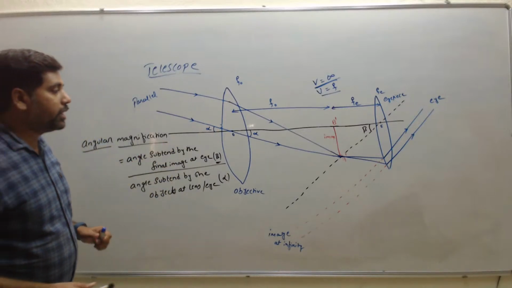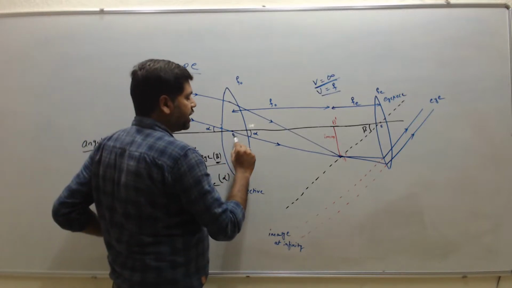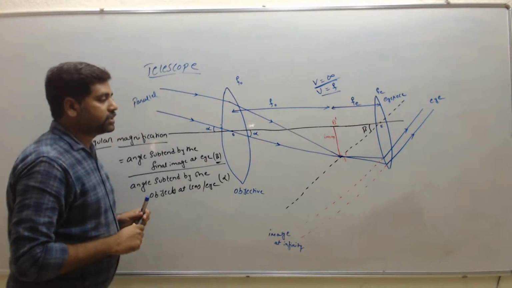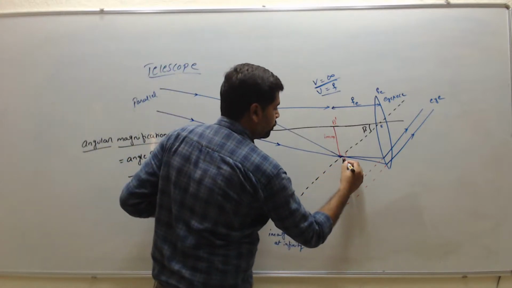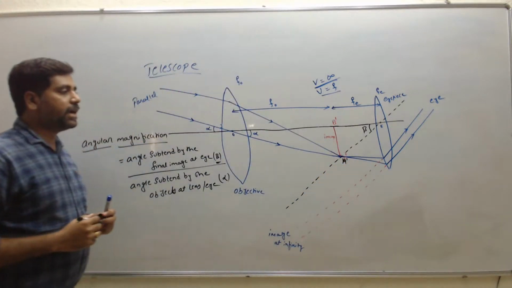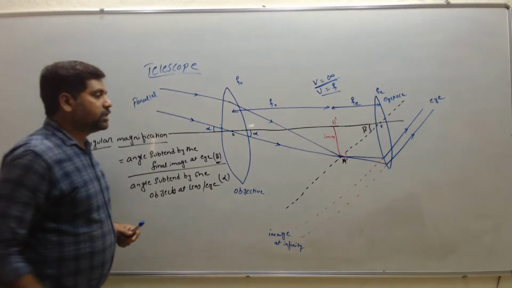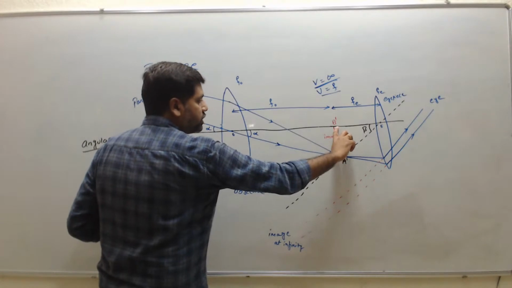From the geometry, we take the triangle O B dash A dash. Then tan alpha is equal to the opposite side by the adjacent side.